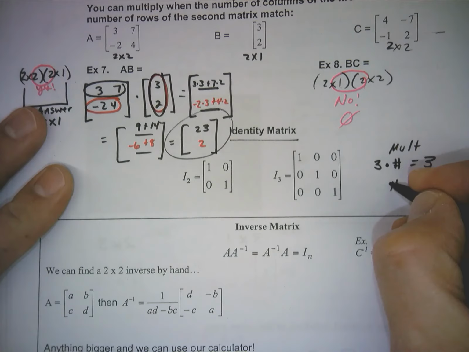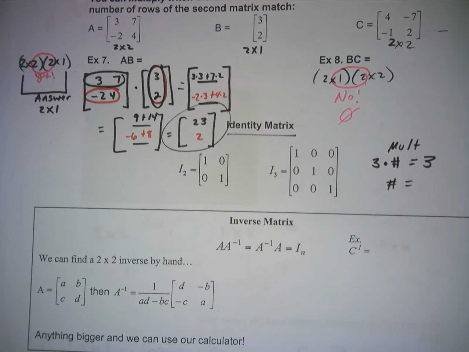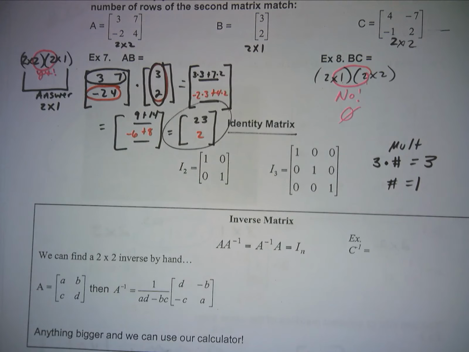What's that number? 3 times any number gives you 3. What does that number have to be? 1, right? That's also known as the identity of multiplication.